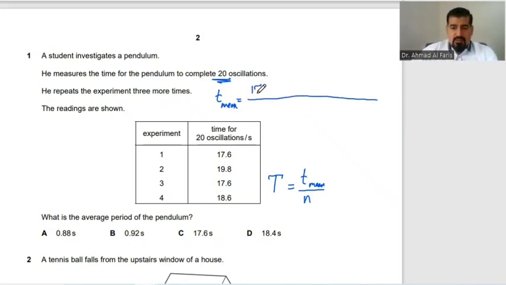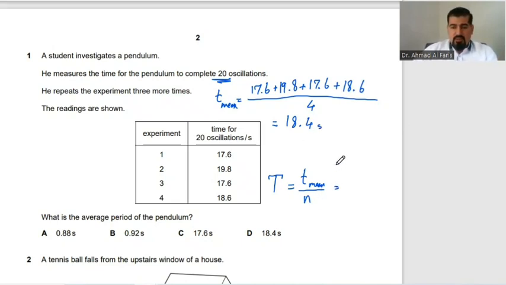And the addition here is 17.6 plus 19.8 plus 17.6 plus 18.6 divided by 4, and the mean time will be 18.4 seconds. Now this is the mean.